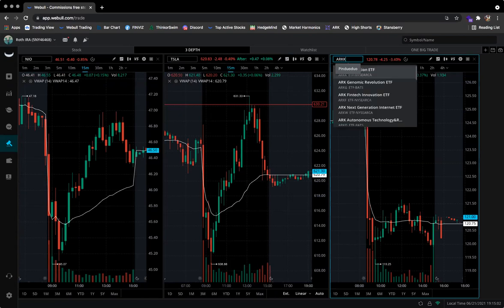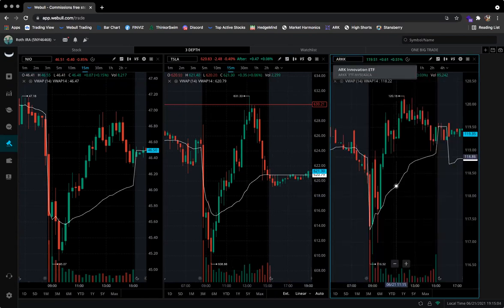And look at ARKK. I'm sure it has the same trajectory. And what's even crazy is this is an ETF that holds quite a bit of stuff from Teladoc to Roku to Tesla, right? NIO is not in this ETF, but look at this. These are the same, all of these, right?